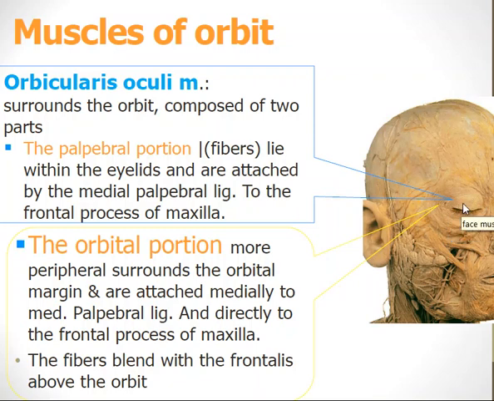The palpebral part lies within the substance of the eyelids and is attached to the medial palpebral ligaments and the frontal process of the maxilla. The more peripheral part is the orbital part of the orbicularis oculi muscle.